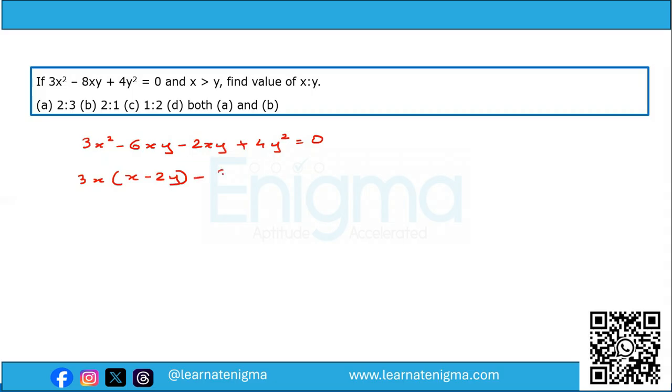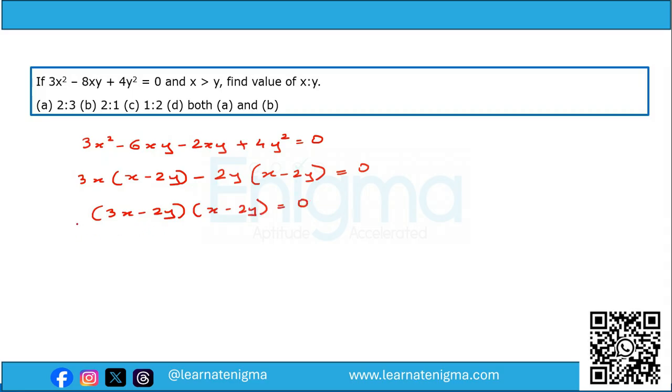And if we take 2y common from the last two terms, we will have again (x − 2y). So therefore, this equation becomes (3x − 2y)(x − 2y) = 0.